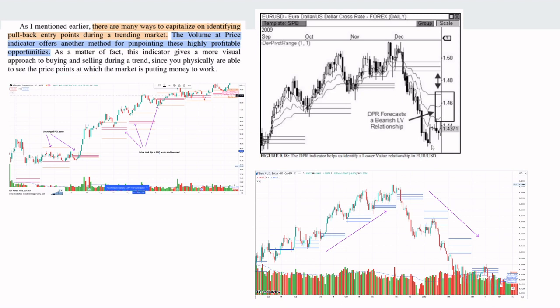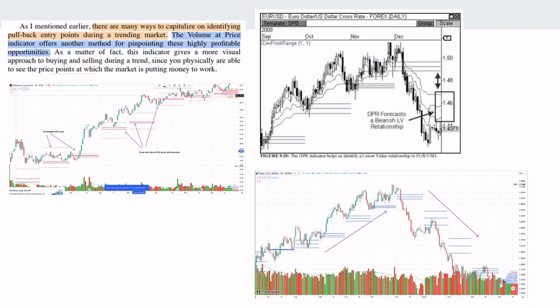The price has crashed. And if you see, this developing CPR actually shows the bearish nature. Whenever the price is going up, you can see higher value relationship. Whenever the price is going down, you can see lower value relationship, and that is what is expected.